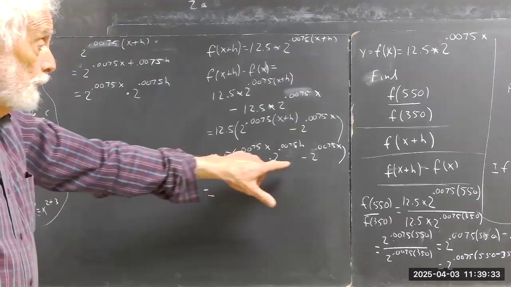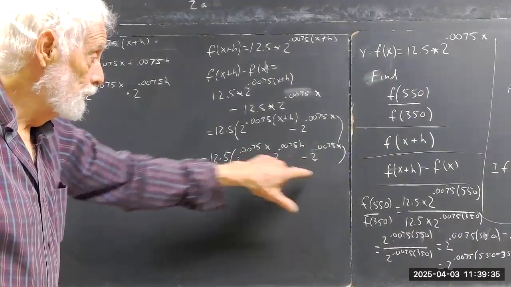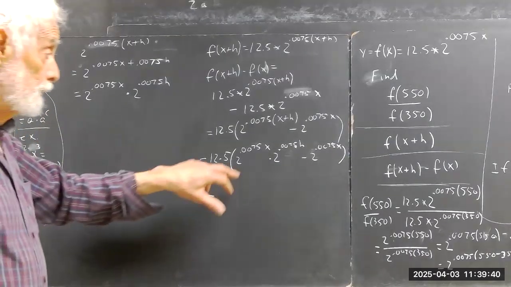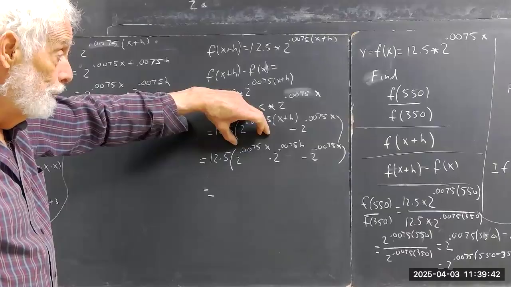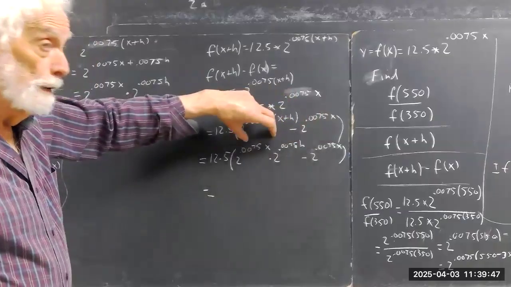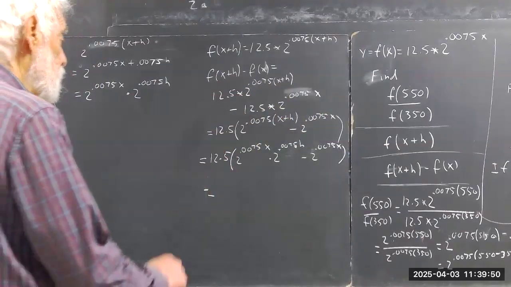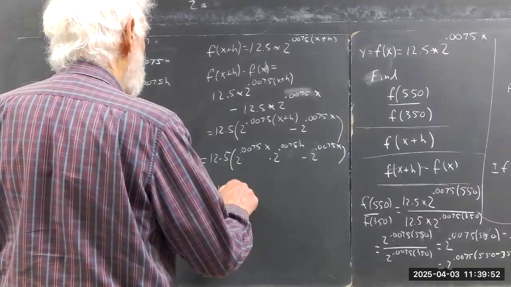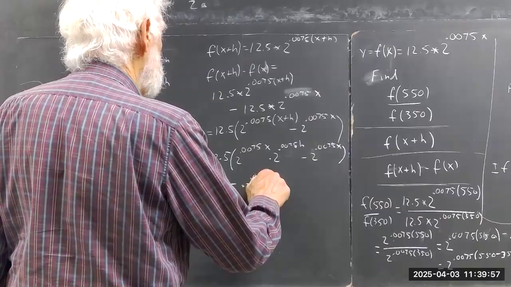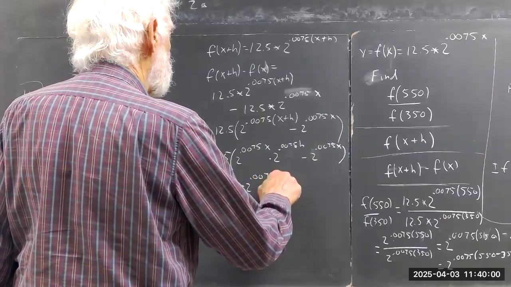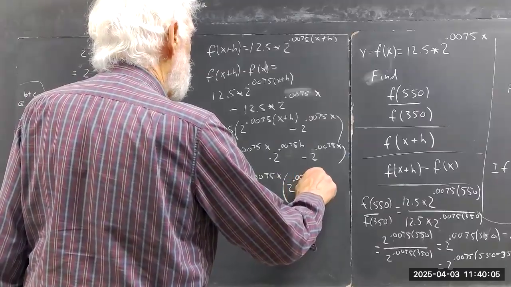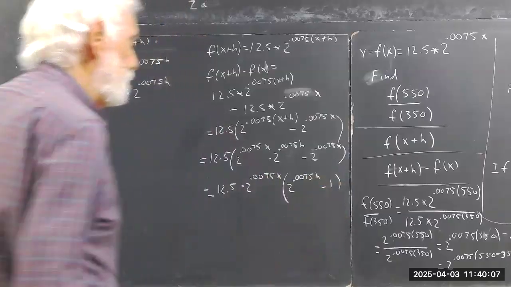Now, what can I do with this expression inside the parentheses? You notice that I have 2 to the 0.0075x here, and I have it again here, right? So I can factor it out. That's going to give me 12.5 times 2 to the 0.0075x multiplied by 2 to the 0.0075h minus 1.